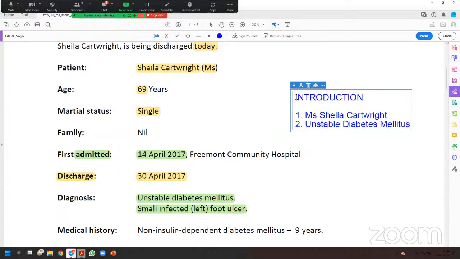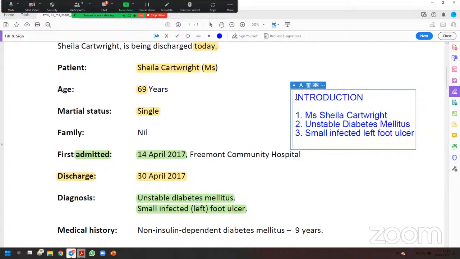And the second problem, that is number 3, is a small infected left foot ulcer. You have to add this one also.